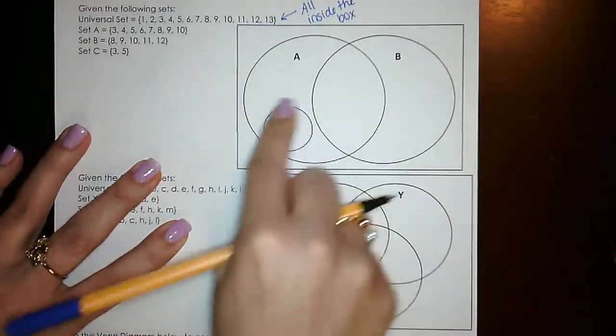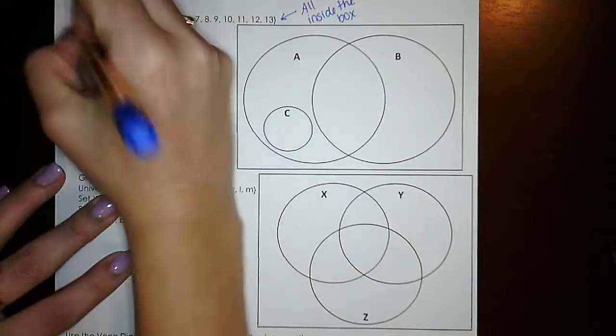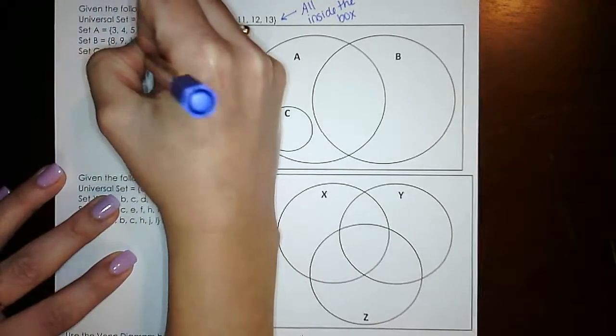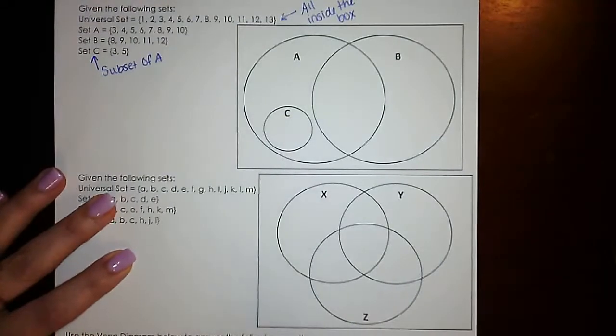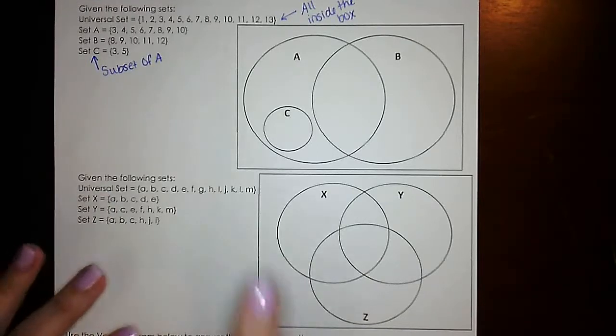And we can see that C is all the way inside of A. So set C is a subset of set A. And all that means is that all of C fits inside of A. So when you start with filling in Venn diagrams, I always say to start with the subsets and the intersections, because we're not going to write the same number multiple times. It's only in the universal set one time.